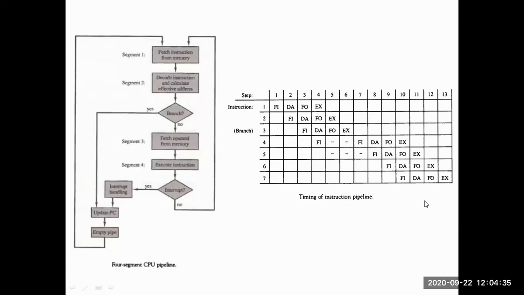So branching and interrupt may decrease the efficiency of pipeline, but in general, instruction pipeline is much faster and efficient than a non-pipeline system for executing of instructions. Thank you.